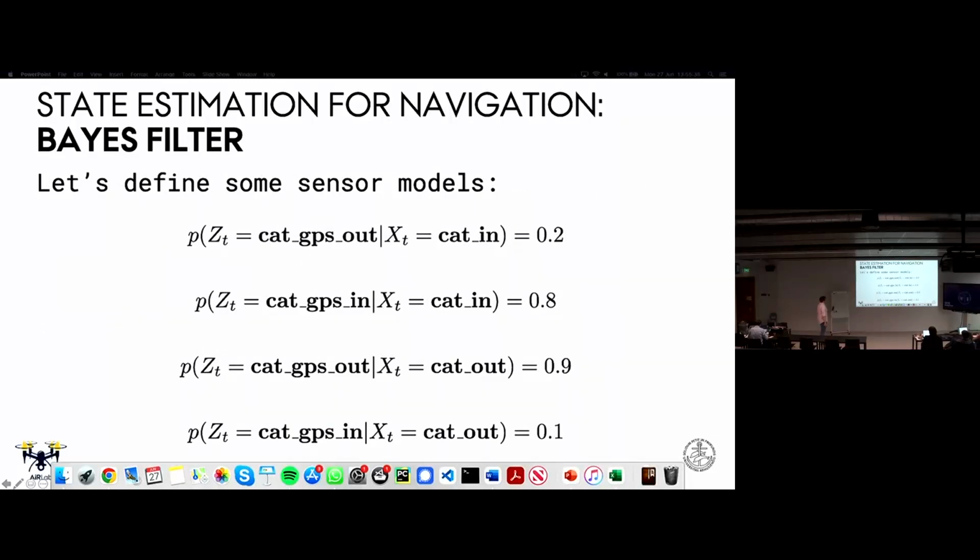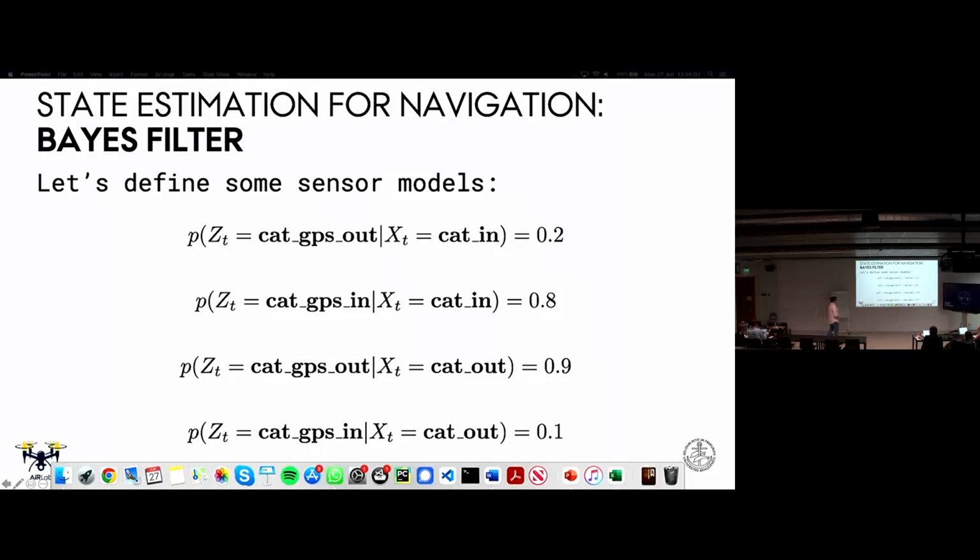So we can define some sensor models. This is exactly what I mentioned: you would go along with the cat and calculate a data set of whenever the cat is in or whenever the cat is out. How often is the corresponding measurement from the GPS actually telling you that it's in or out?